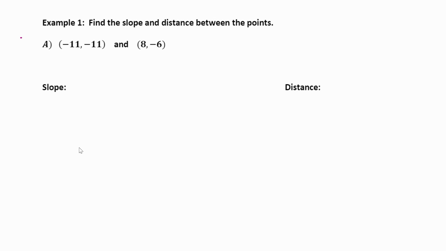All right, for our first problem, it asks to find the slope and the distance between 2 points. So I'm going to write my distance formula that we just talked about. My distance is equal to the square root of x2 minus x1 squared plus y2 minus y1 squared.